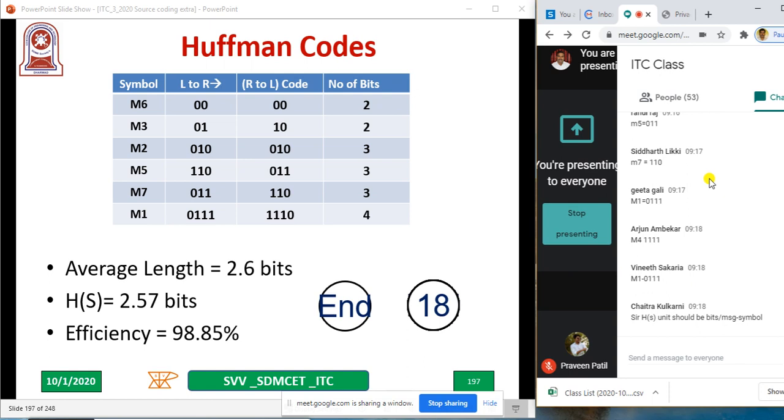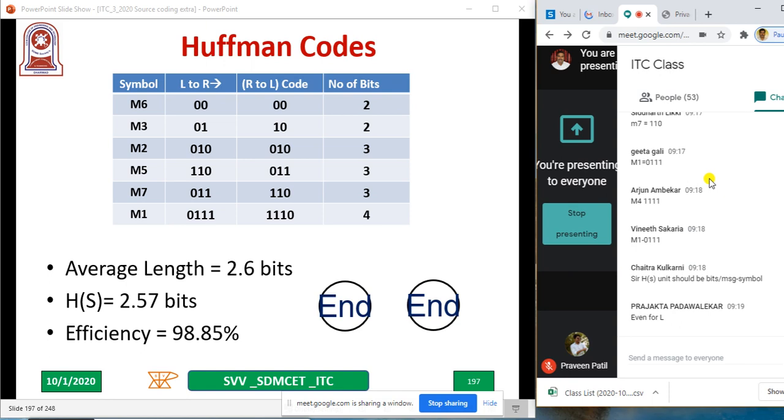H of S unit should be bits per message symbol. Yes, Chaitra, very good. It should be bits per message symbol. Because we are typing everything now, sometimes preparing the PPT is not easy.